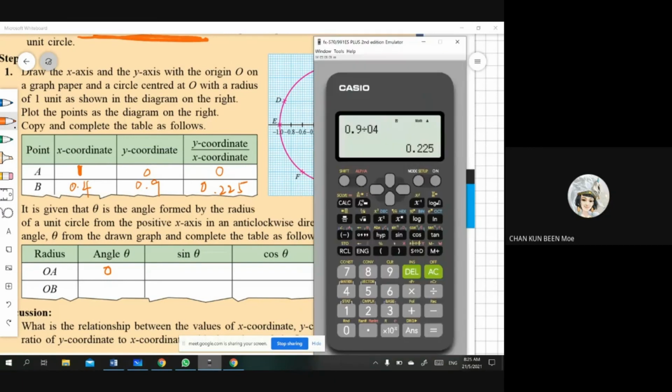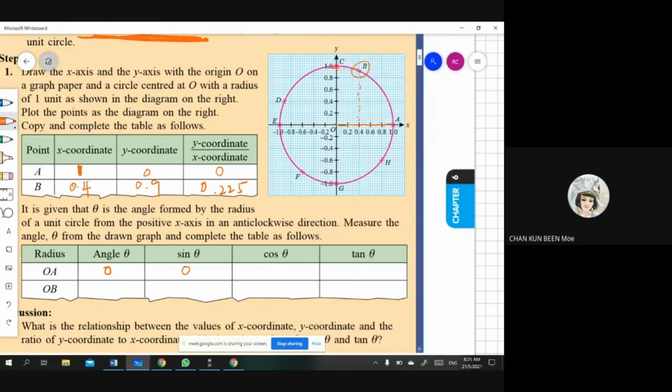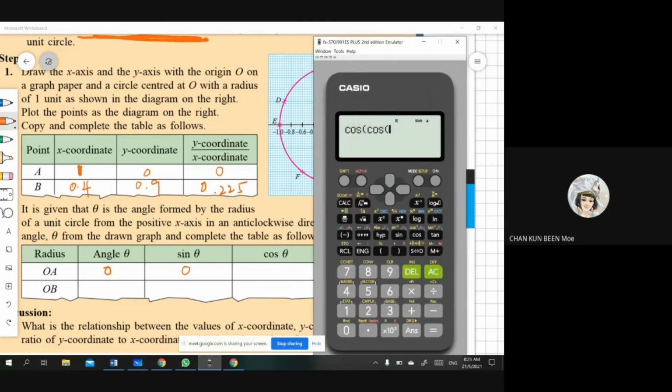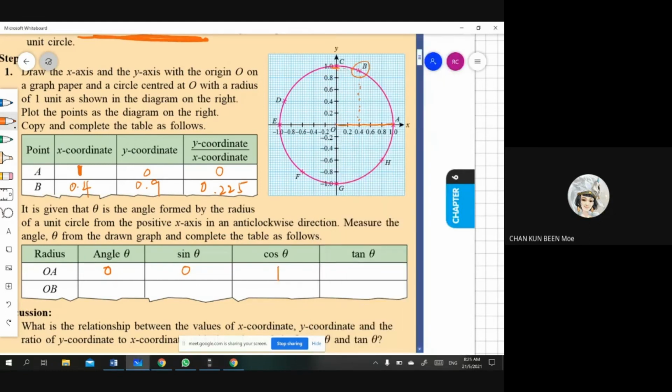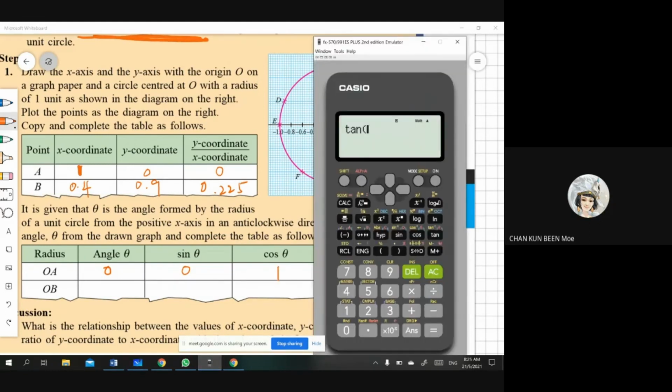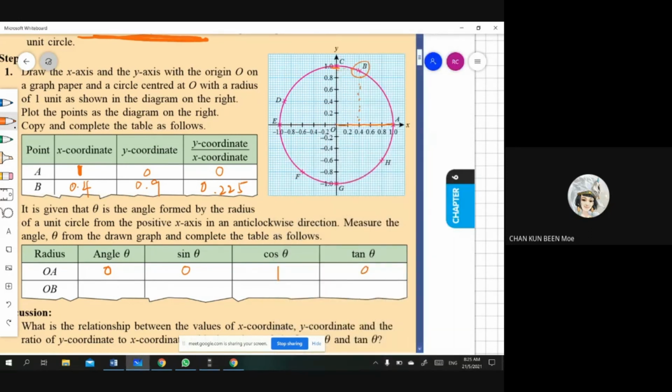I just press for you, you can see sine 0, the answer is 0. Cos 0, the answer is 1. And then the last one, tan 0. You will get 0.